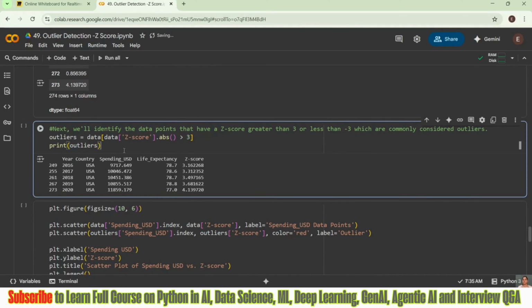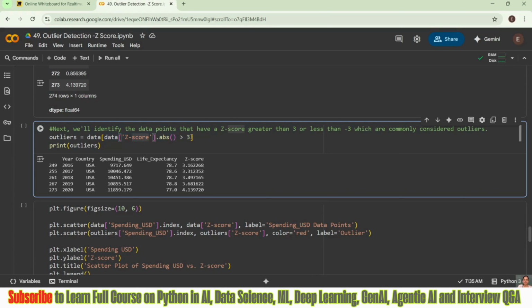So what is the threshold point? I have told you guys, we have 3 and minus 3. Anything greater than 3 or less than minus 3 is considered an outlier. So I have taken outlier as a variable and applied my formula here. With the ZScore values dot ABS, all the negative values are made positive, and it calculates based on that.